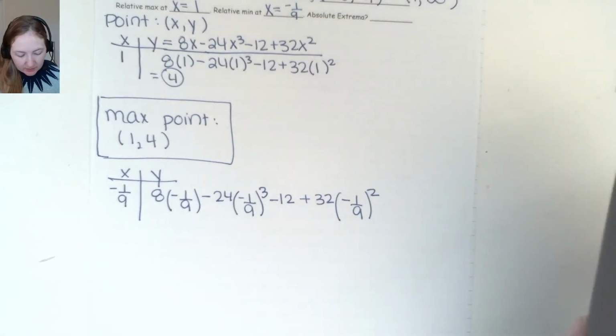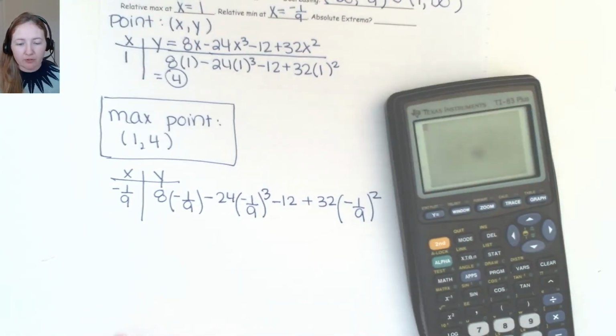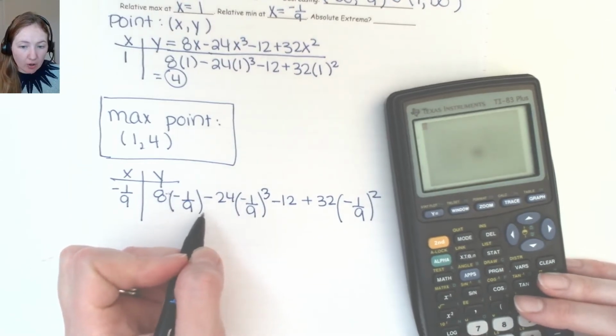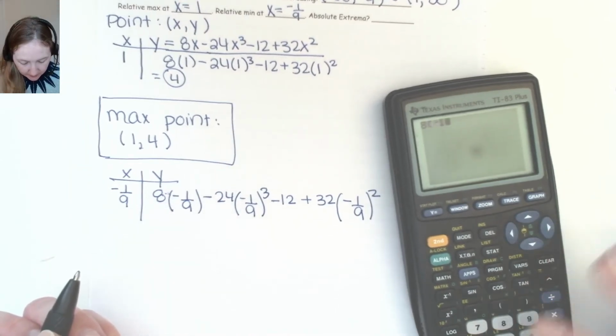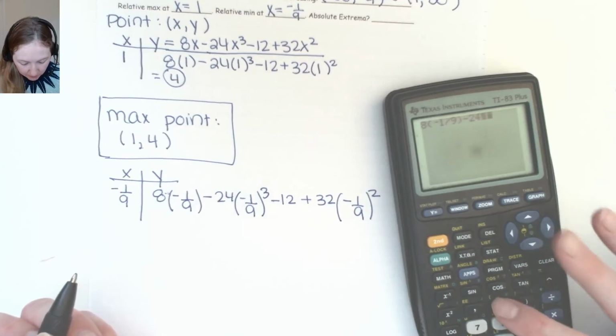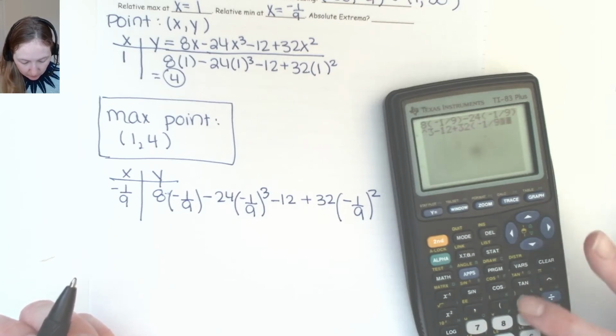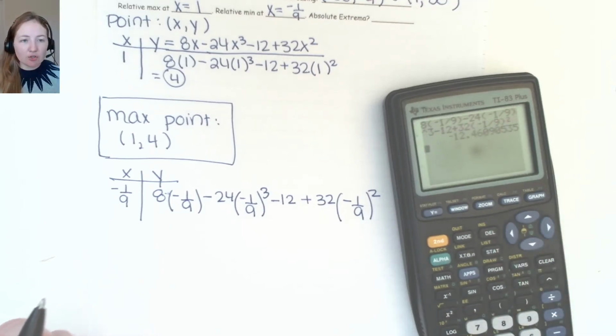And you will do this hopefully on your calculator, your scientific or graphing calculator. Remember, you're multiplying fractions straight across. So this will be 8 times -1/9 minus 24 times -1/9 cubed minus 12 plus 32 times -1/9 squared. And it gives you a crazy decimal.